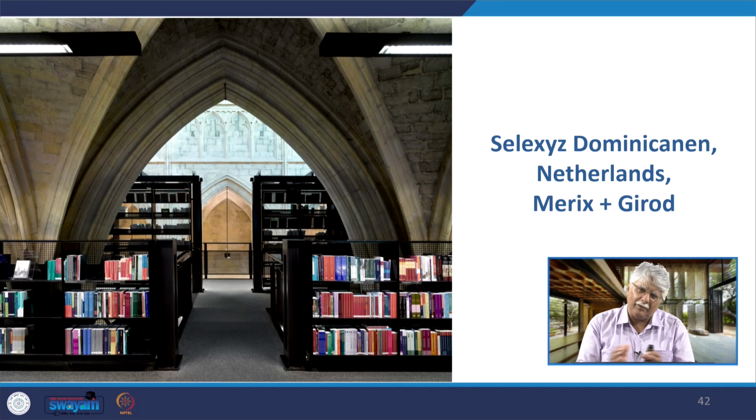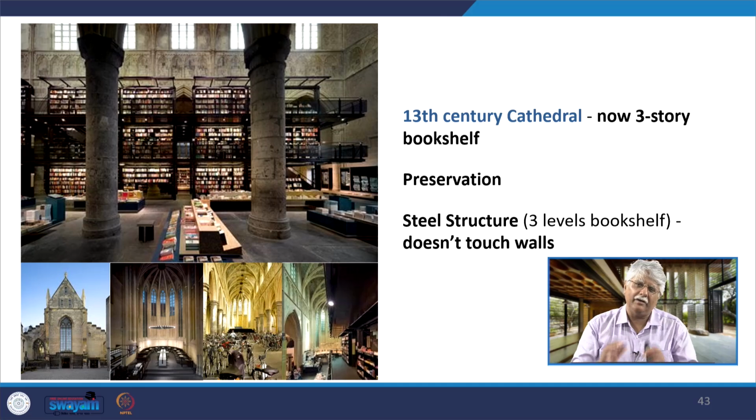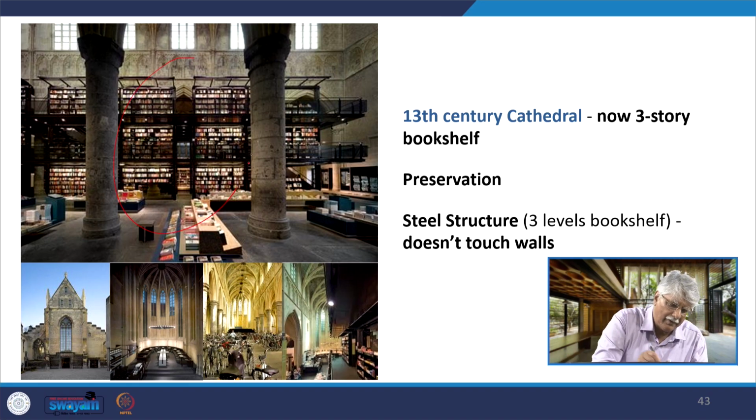These are a few examples of how buildings have been adaptively reused. For example, here a 13th century cathedral is now a 3-story bookshelf. It has been preserved, it has a steel structure, 3 levels of bookshelf which have been put in place and they do not touch the walls. So they are trying to maintain and preserve the heritage building very properly.